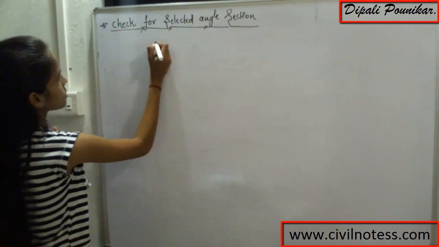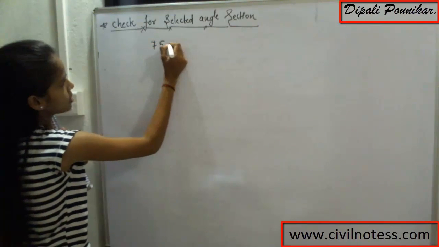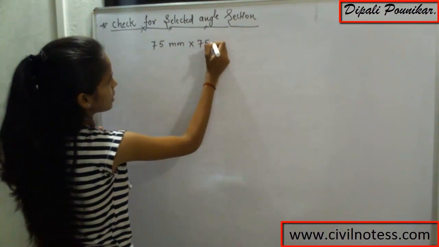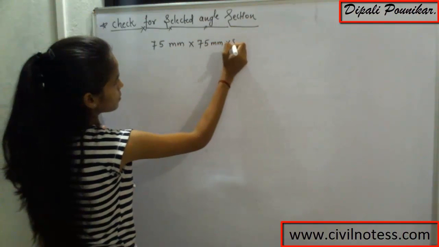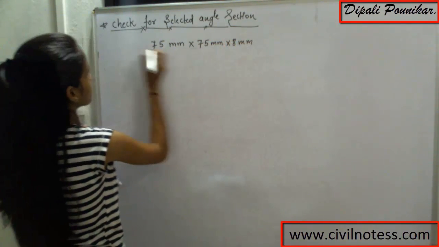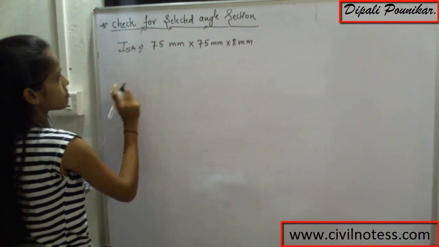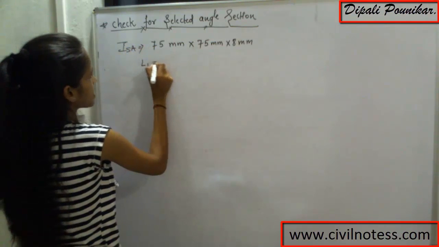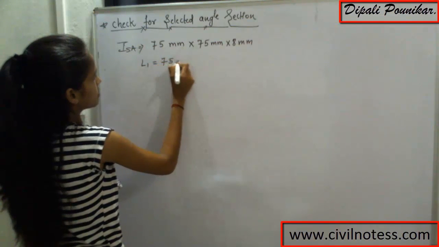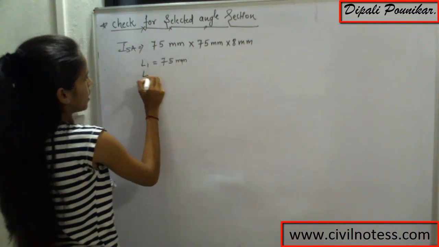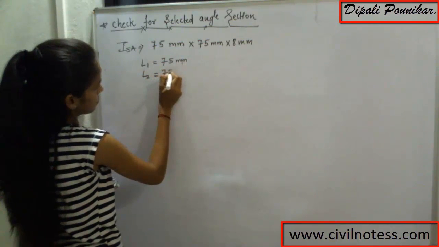We select the 75 mm into 75 mm into 8 mm ISA. So L1 is 75 mm, which is the longer side, and L2 is 75 mm.